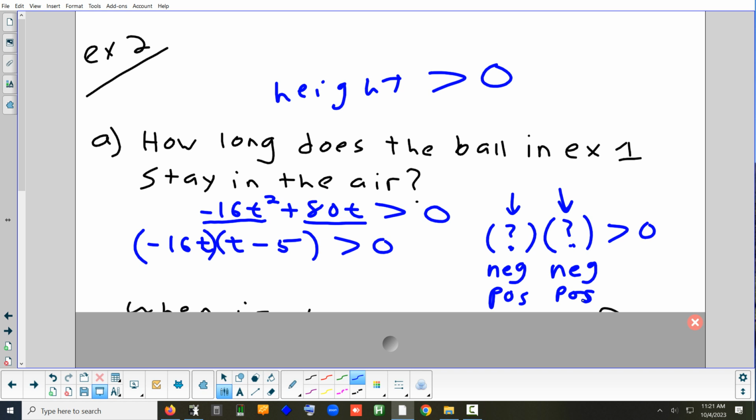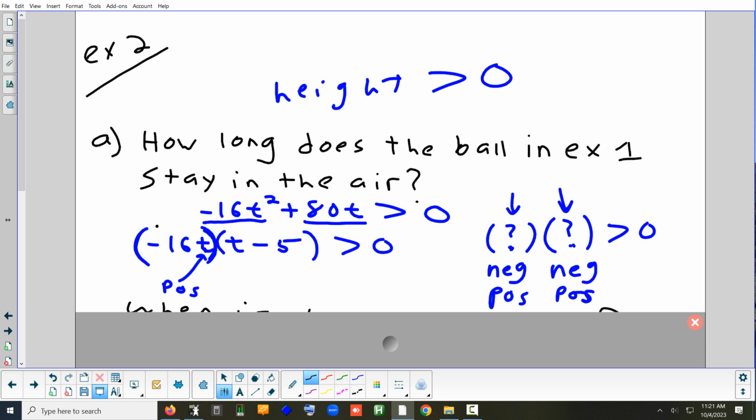All right, now let's look at this right here. t stands for what? Time. And time is always going to be what kind of number? Time is always a positive. So you're going to take something that's a positive and you're going to multiply it by negative 16, which means what's inside the first parenthesis is always going to be what kind of number?